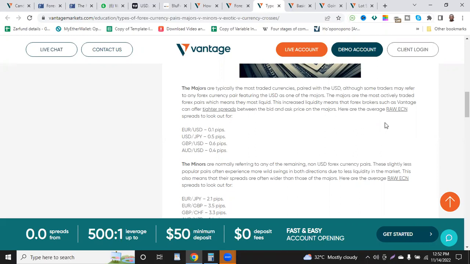In fact, Vantage Markets is probably the broker I know of right now with the lowest spreads. So if you are not trading on Vantage already, you want to test it out, fund your account, place a trade and see what the spread is like.